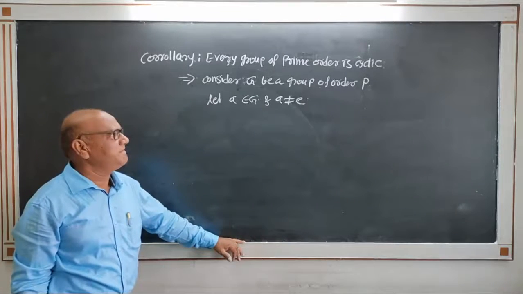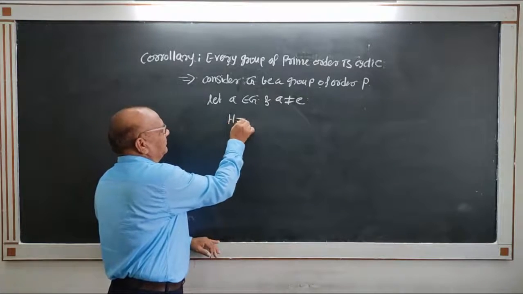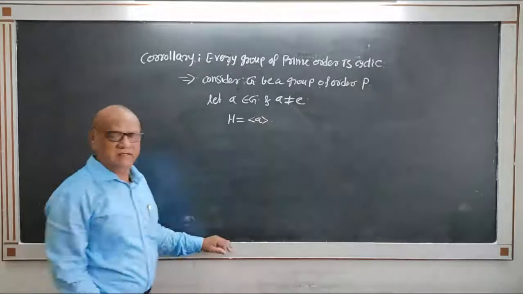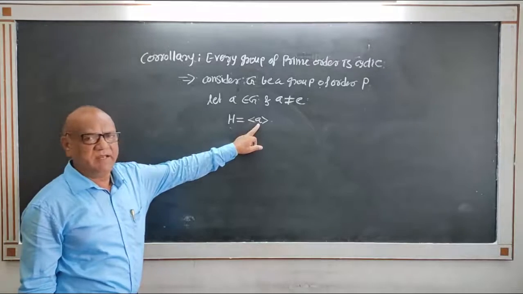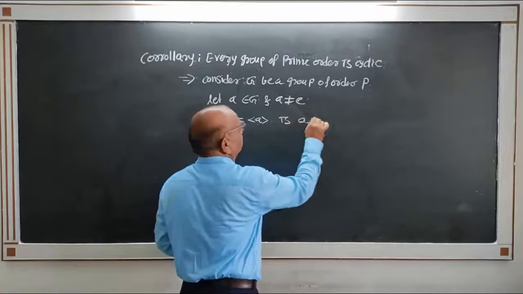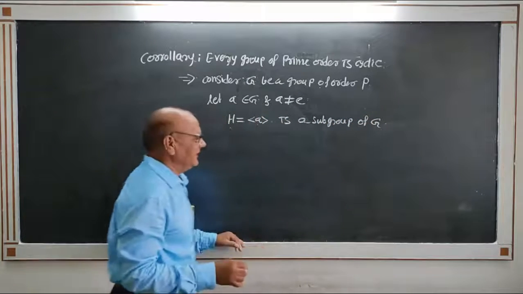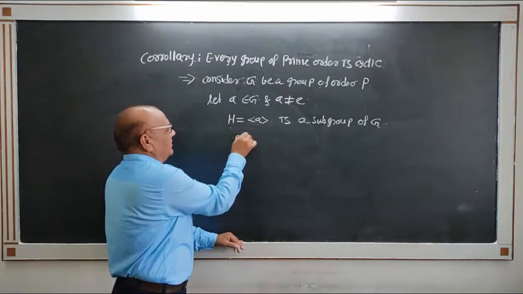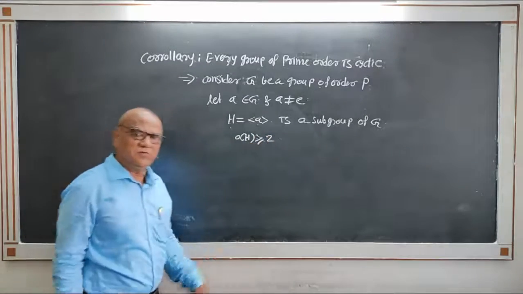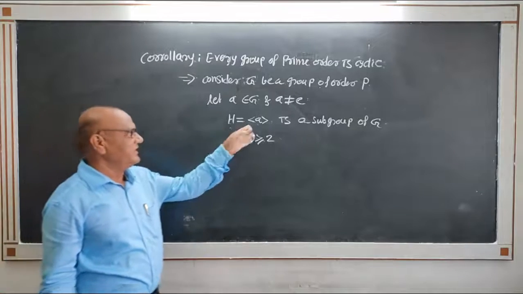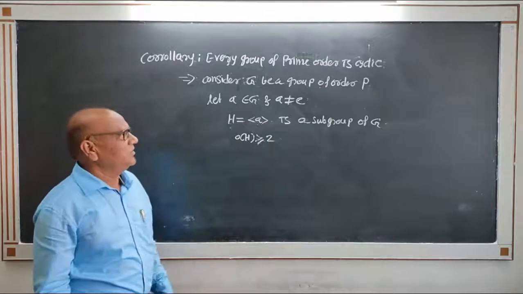Let H be the subgroup generated by A, a subgroup of G. Clearly the order of H is greater than or equal to 2, because it contains the identity and also A.